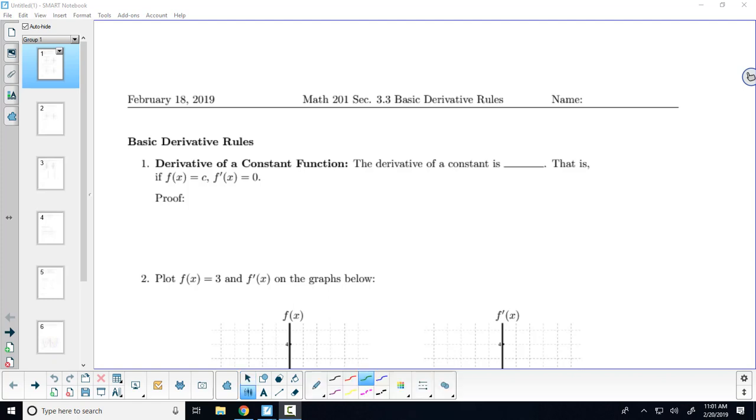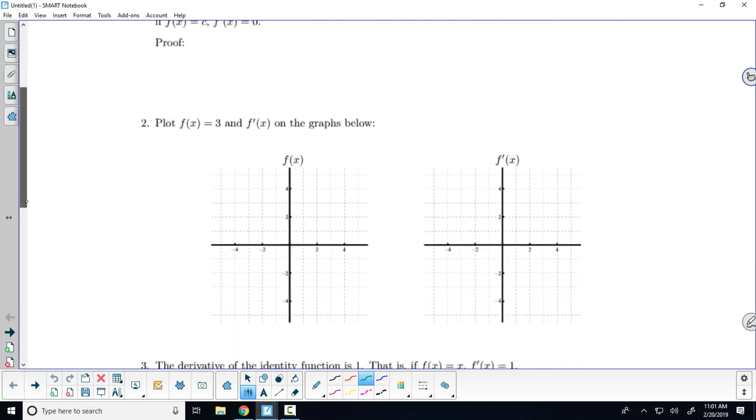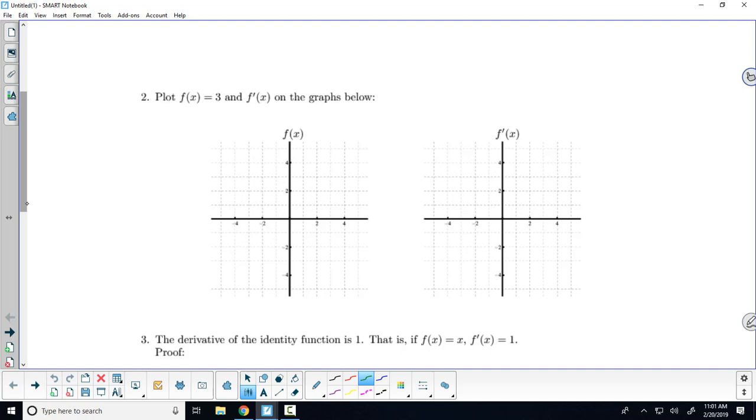So the first rule is that the derivative of a constant function is 0. Now I want you to think about that one for just a second. Here's the graph of f of x equals 3. What does the derivative do?